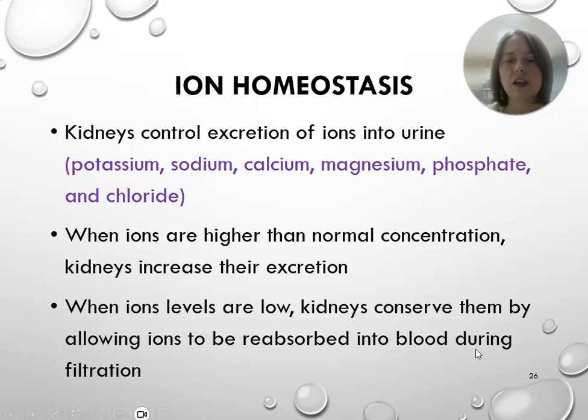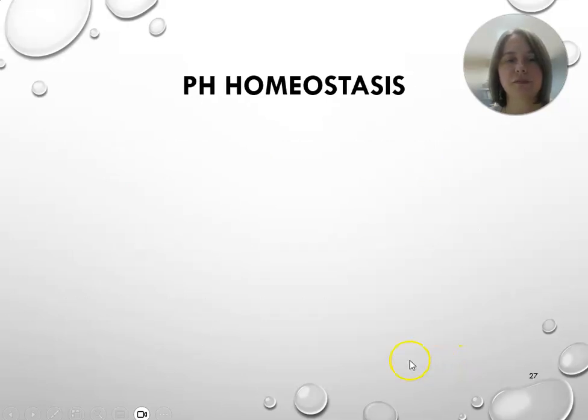So they are in the blood plasma, they go into this filtrate, and then your body takes it back, says, nope, the body needs this, and doesn't let it go out of the body through urine. So it reabsorbs it back into the blood so that the body keeps it.